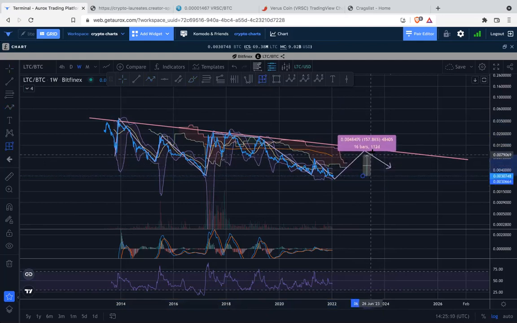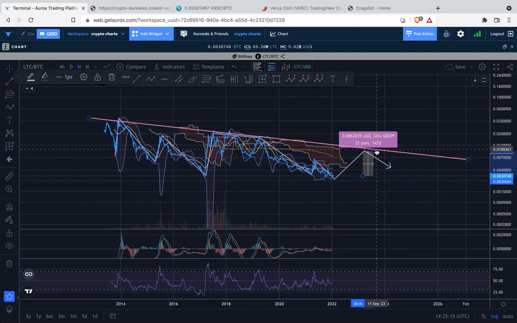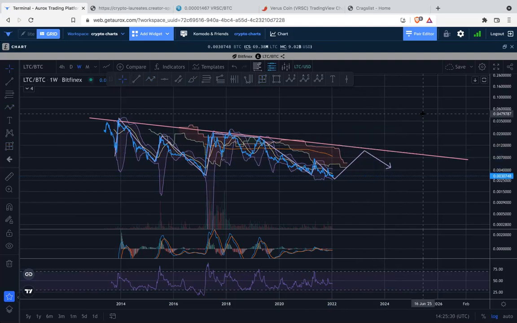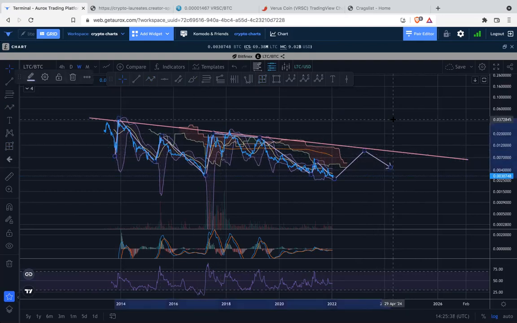Roughly, against Bitcoin, you're talking 2x, 3x, so you're talking 200%, tripling. If you have 1 Bitcoin in this Litecoin chart, then you'll have 3 Bitcoin in the Litecoin chart at this type of a peak. So I guess that's possible in an altcoin season, and that's the idea. We're looking for one of these types of moves up. All right, that's on the Litecoin chart on the weekly time frame.